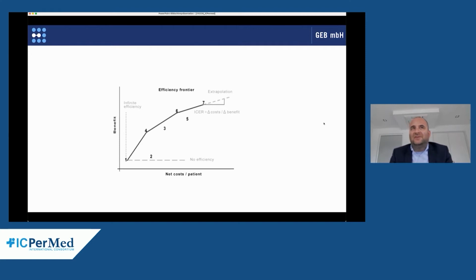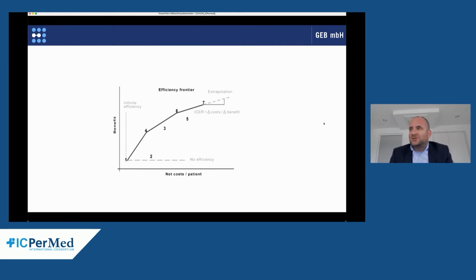Once you have different alternatives plotted according to their benefits and costs, you can draw something like a threshold. And please don't be confused. That threshold can be within an efficiency frontier. It can be within the quality framework.